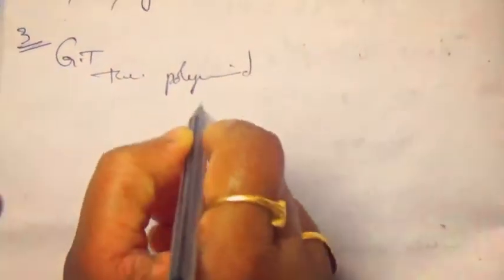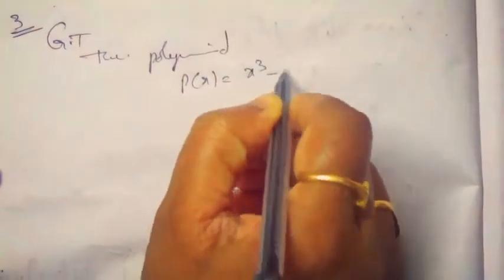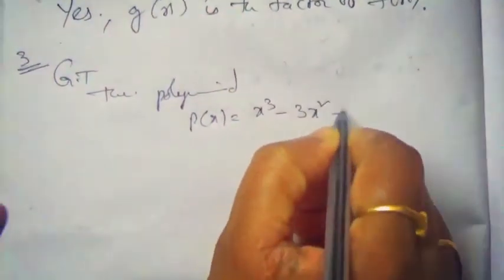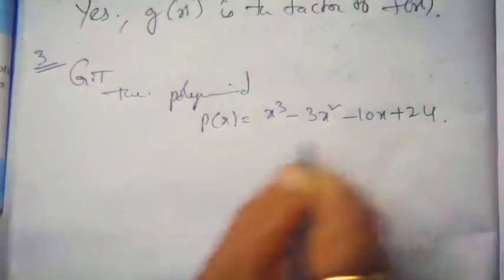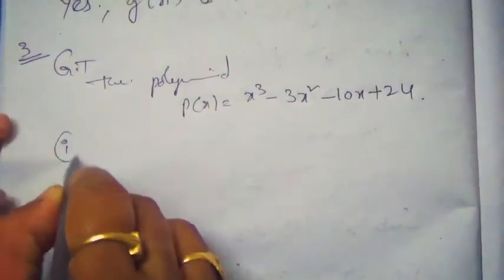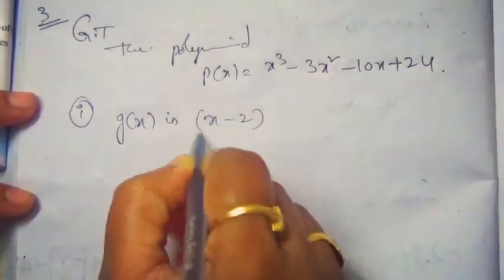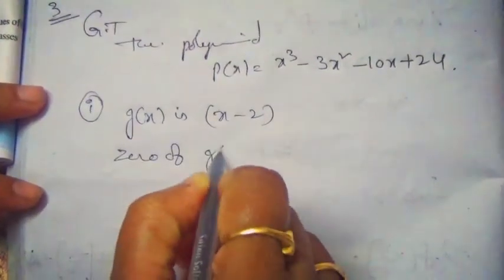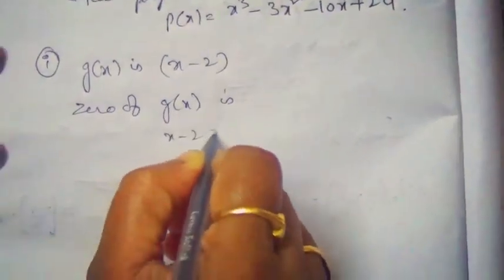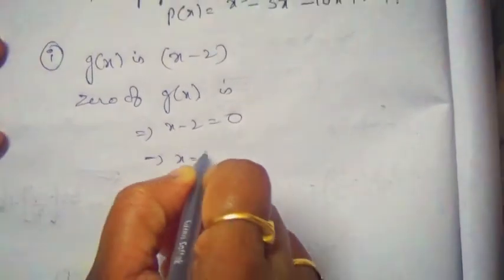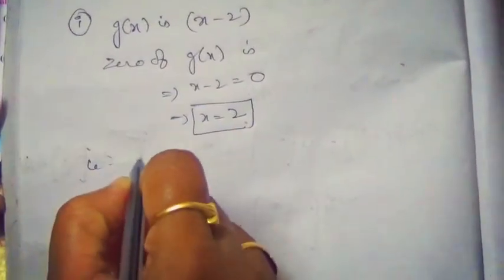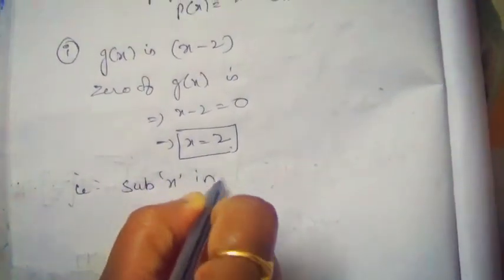So the third sum. Given that the polynomial p of x is equal to x cube minus 3x square minus 10x plus 24. So first one, g of x is x minus 2. The zero of g of x: x minus 2 is equal to 0, that implies x is equal to 2. So we have to check 2 first. Substitute x in p of x.